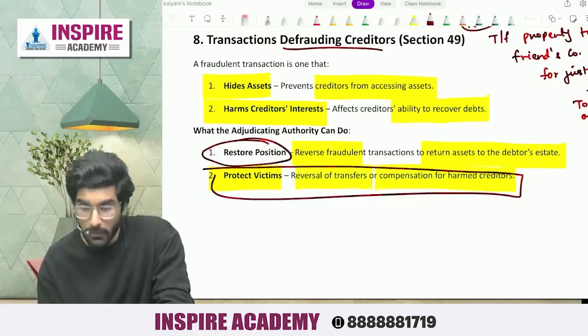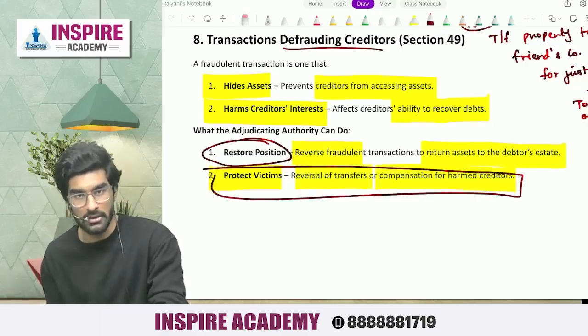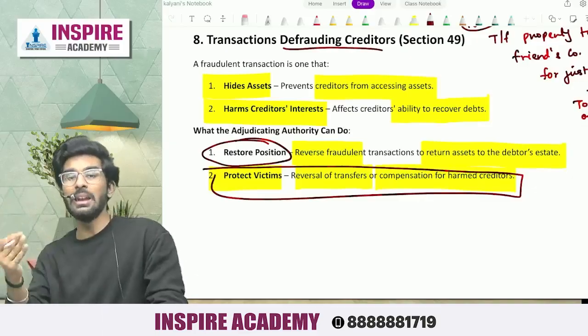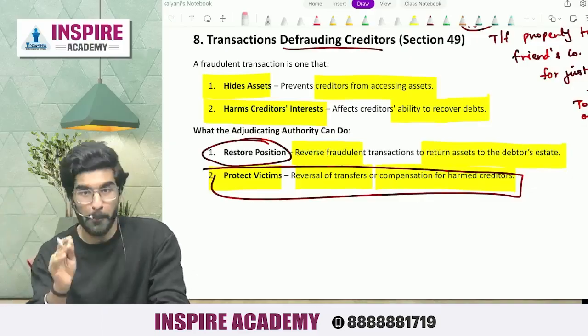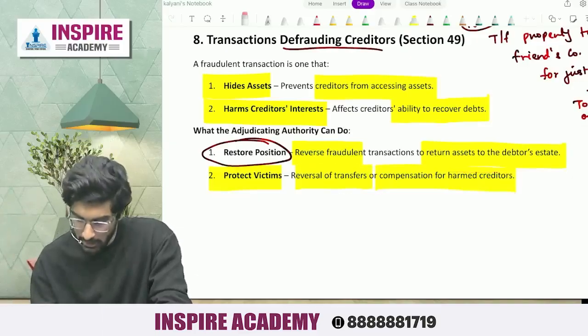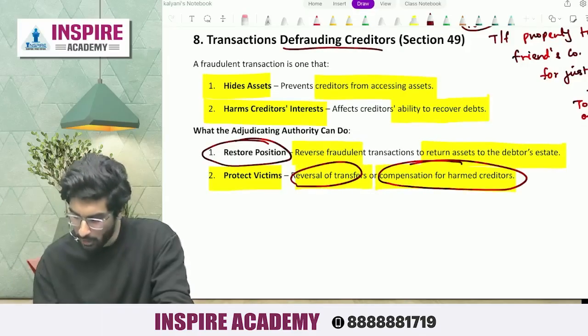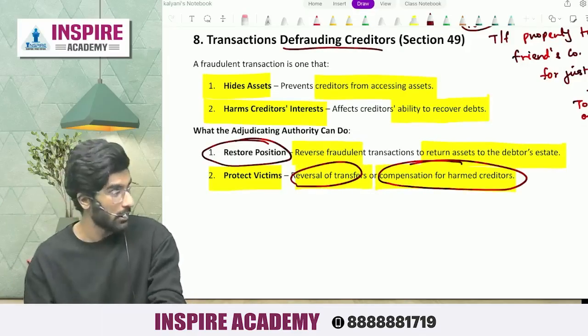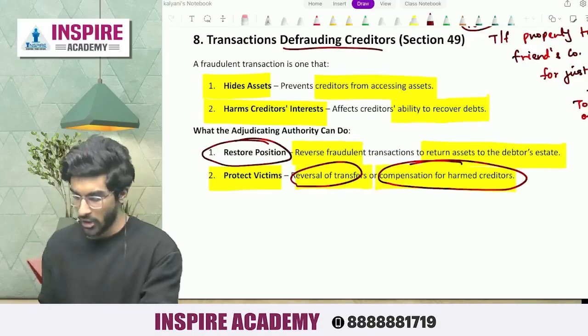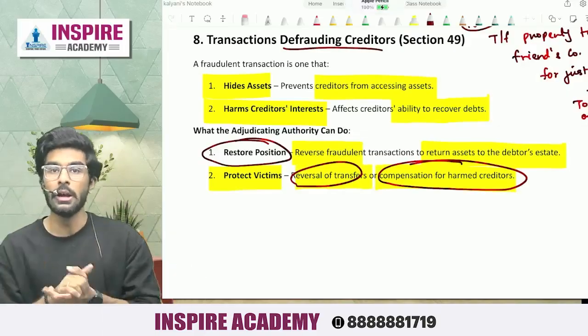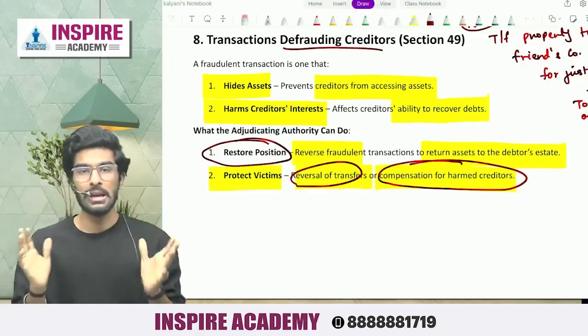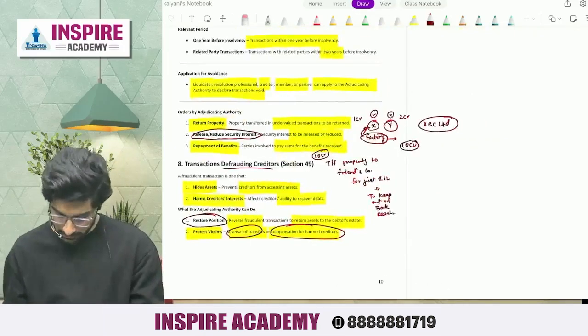So whoever were the victims in these types of transactions, they should be restored and protected. This is called reversal of transfers or compensation for harmed creditors. Whatever harm has been caused to the creditors, you now have to give them compensation. Yes or no, people? That's it.